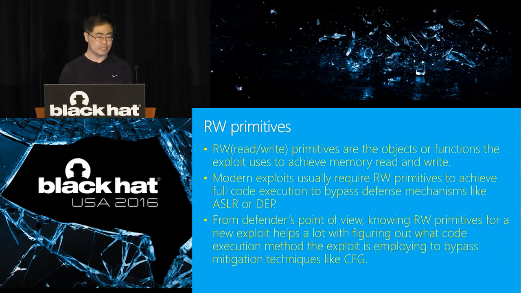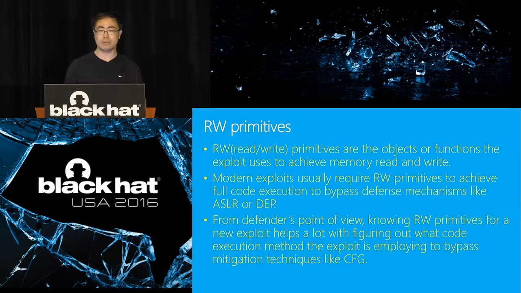Having an RW primitive doesn't mean you get RCE. Even with full read and write privilege on your target process, you can still fail to achieve RCE. That's the ongoing theme here: how we block the execution of code even though attackers have RW primitives, and how they work around those.